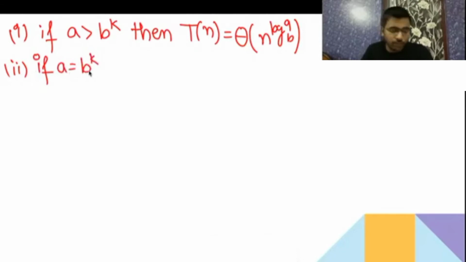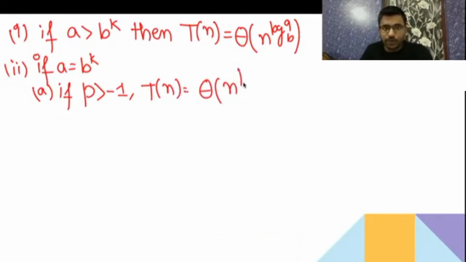If a is equal to b to the power k, then if p is greater than -1, then T(n) = Θ(n^(log_b a) log^(p+1) n).